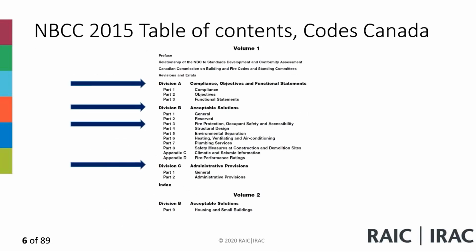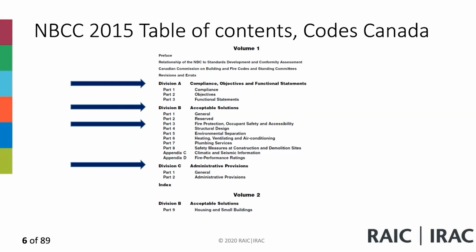So when you're opening your building code, you've got to use your tables of contents. You'll see that I am putting pictures of the tables of contents, which gives you the information of where to look.